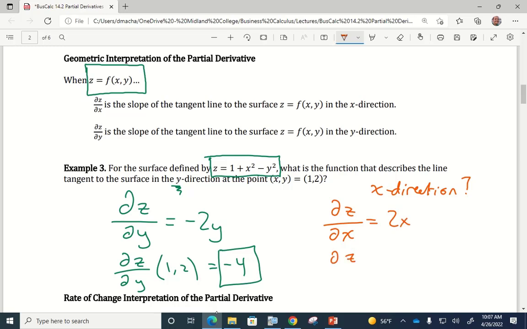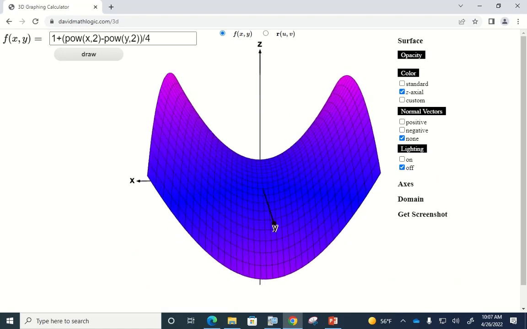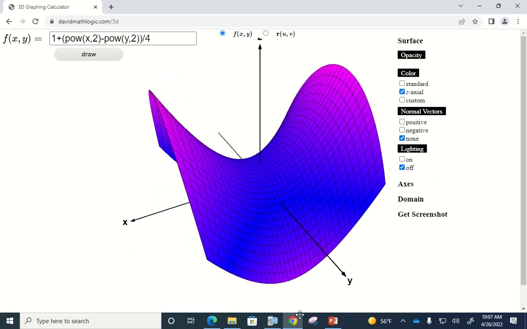And whenever I evaluate this at the point 1 comma 2, that would be 2. And that is a positive partial derivative with respect to x. So that means if you're moving in the positive x direction, then the value of the slope is going up. You'd be climbing up the mountain.